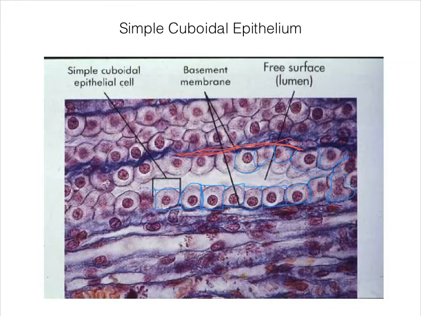So this is only one layer of cells thick. You have more cells up here. You have more cells of a different type down here. But this is simple cuboidal epithelium. There's one layer of cells from the lumen to the basement membrane.